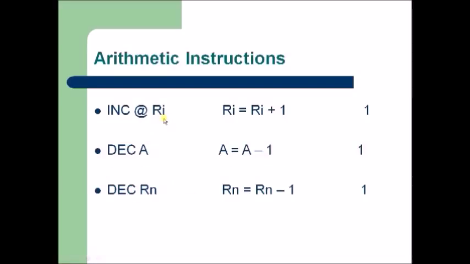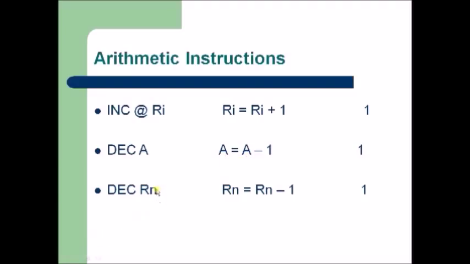INC @Ri, which means value at address will be incremented, that is Ri would be storing one address. Now the value which is present in that particular address gets incremented by 1 and again stored in the same address location. Now DEC A, it decrements, and then the result will be stored inside A.